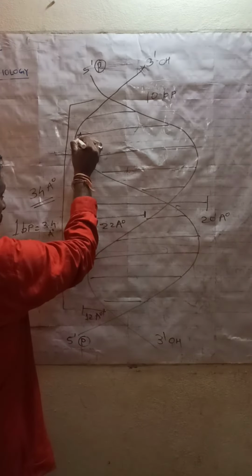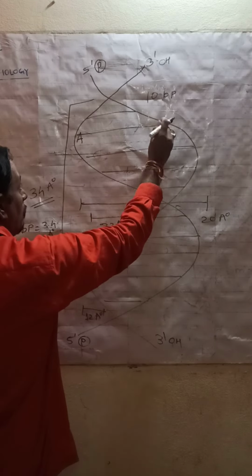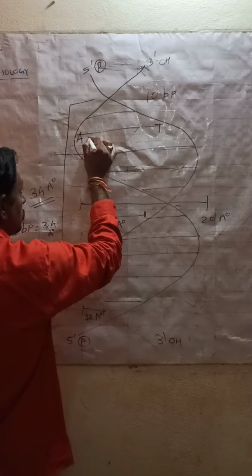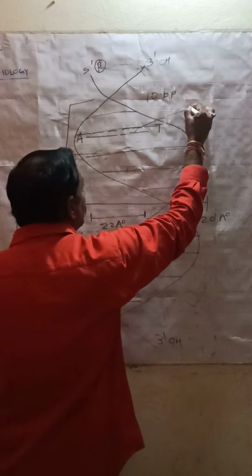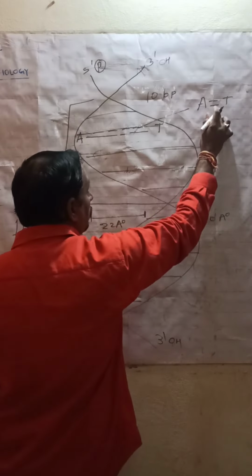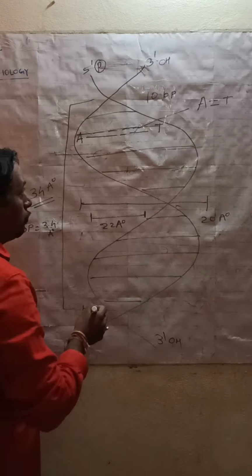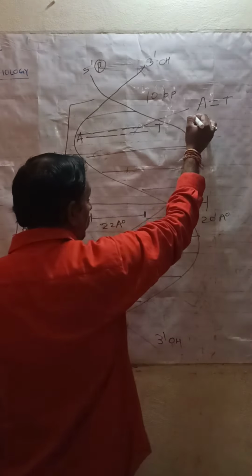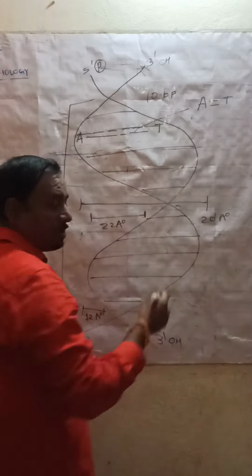If there is adenine on one strand, there must be thymine on the other strand. These two are bonded together with the help of two hydrogen bonds. A bonds with T with two hydrogen bonds. Is A a pyrimidine or a purine?